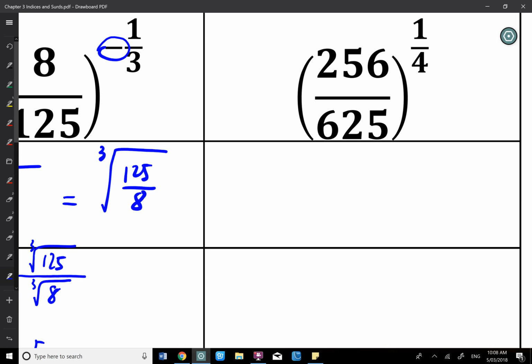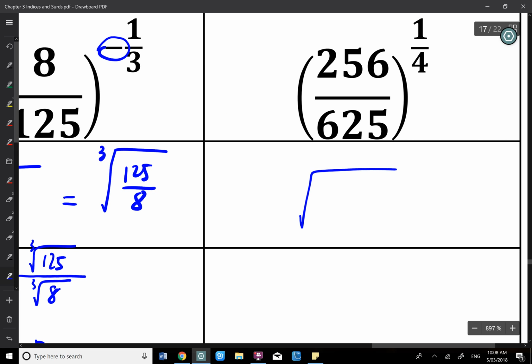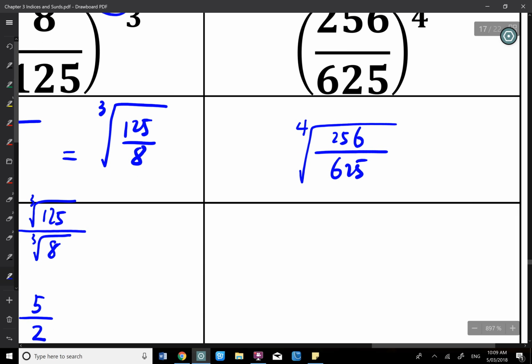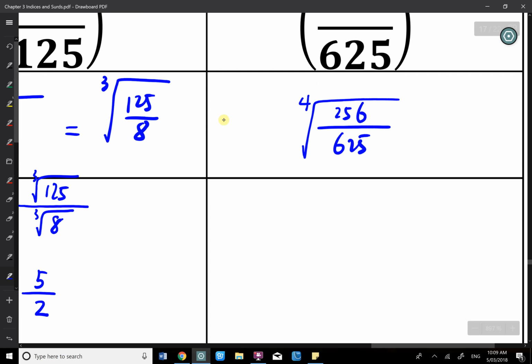Okay, the last one is just the 4th root of 256 over 625. I can say that's the 4th root of 256 over the 4th root of 625.